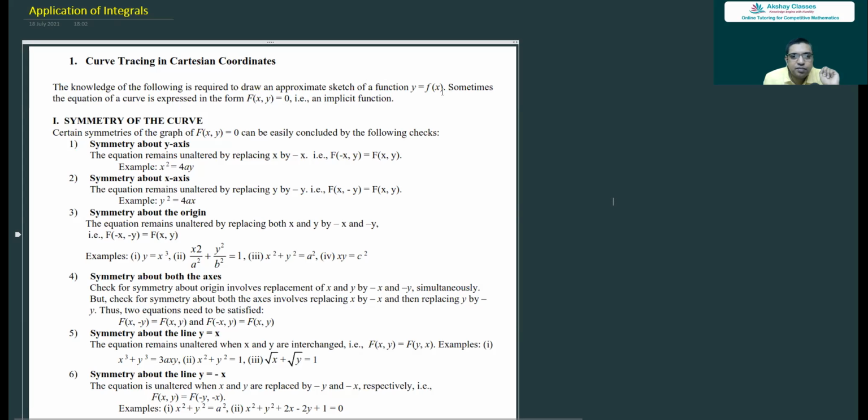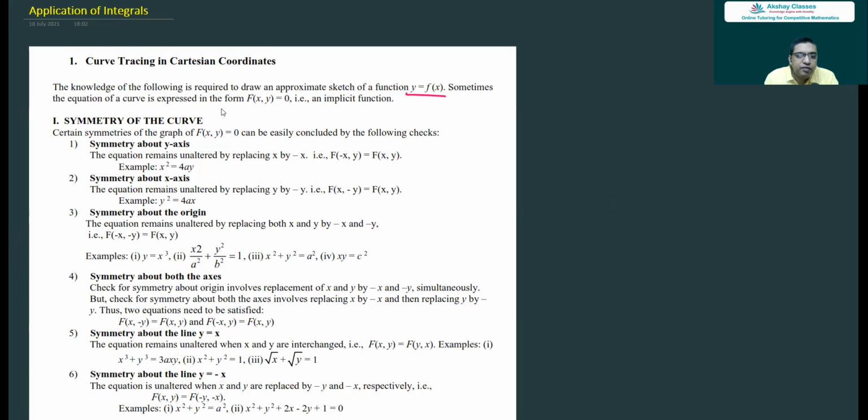Suppose we have this function y equal to f of x. We will write the equation as capital F of x comma y equal to 0.